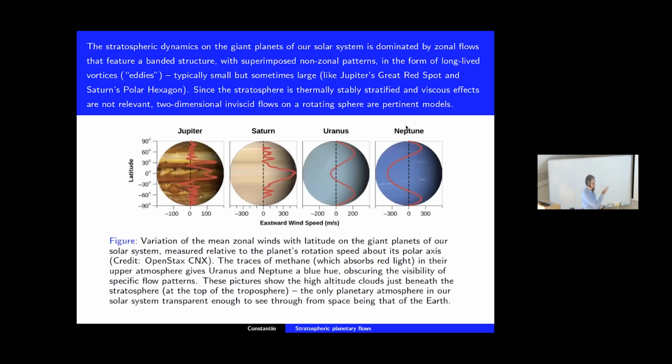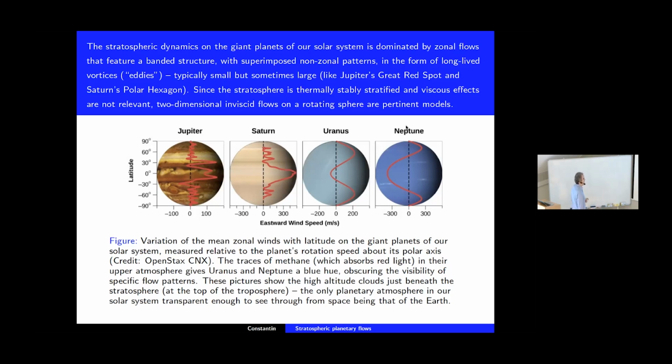So if you look at the planets of the solar system, you have the gas giants, these four, then there is Earth, and you have the solid planets. What you see here in these typical photographs is the top of the troposphere. The troposphere is where the clouds are, and above it is the stratosphere.